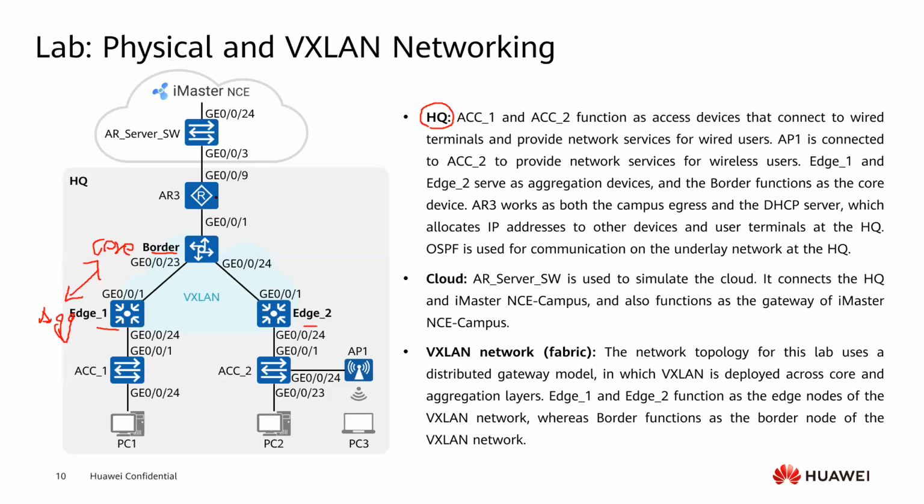Then there is the AR3. We use the AR3 as the egress device to connect to the external network, to connect to the cloud. The AR3 also simulates the external network by using some VLAN interfaces, and simulates network service resources such as the DHCP server for the fabric network.